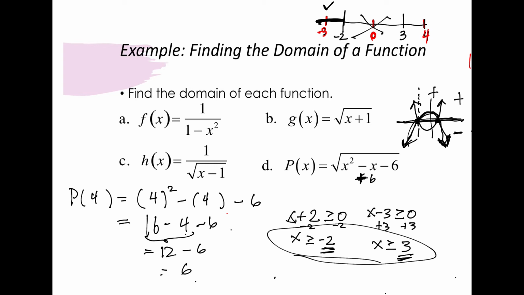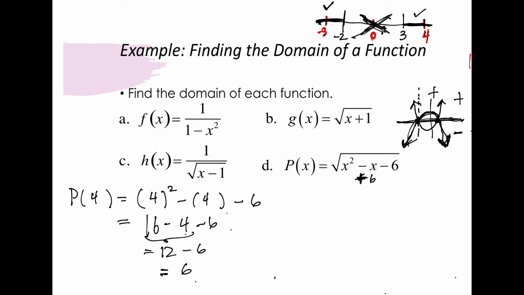At any rate, the numbers I randomly picked, and it was pretty random, I didn't know what the outcomes would be ahead of time. I keep on getting 6, which is positive. And so this area up here also works. So the one area that I don't want to have as part of my domain is the area between -2 and 3. Remember, 0's okay, right? We can have equal to 0.